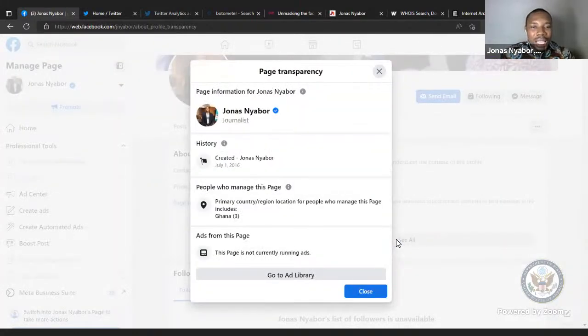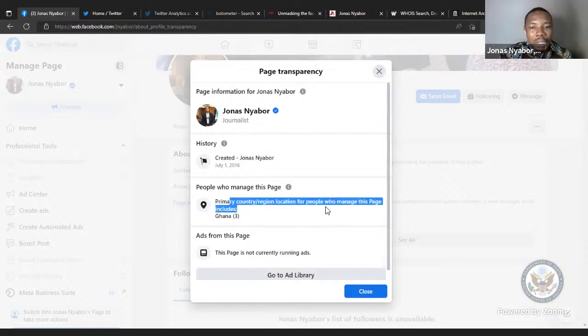So let's look at the other information that can come out from this. If I go to See All, thanks to Facebook, this page transparency tool is very useful to see some of these important details that I shared previously. You're able to see when the page was created and where it is being managed from.